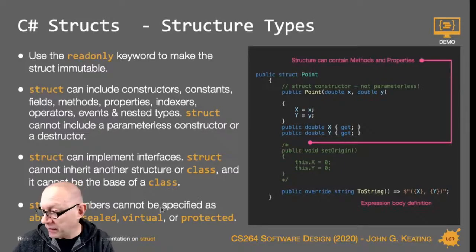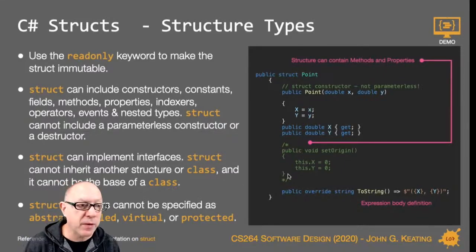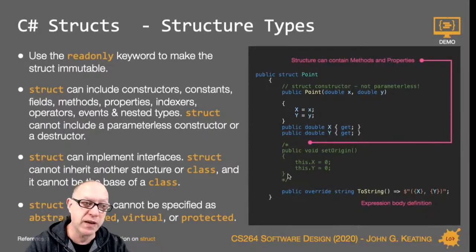So just before I move on, Brian, that was a question again, and sorry if I wasn't clear about this. The question is, what would be the advantage of using a struct instead of a regular class? A struct will be much more efficient.